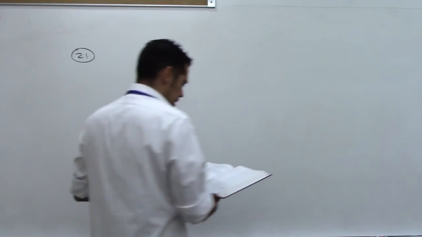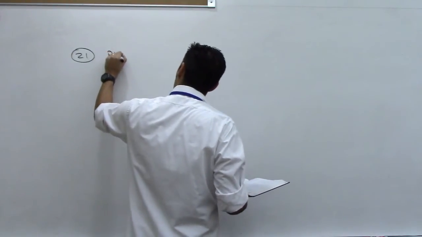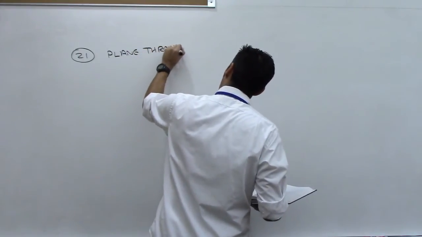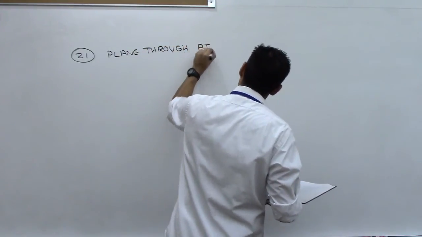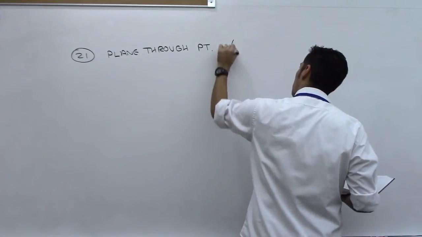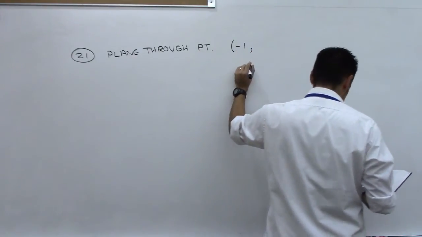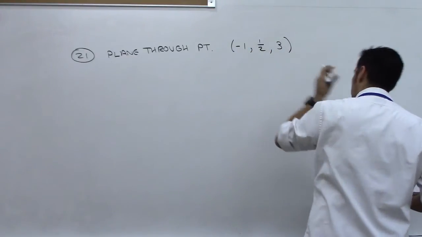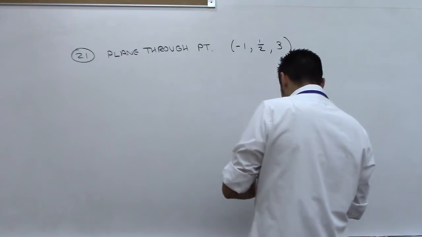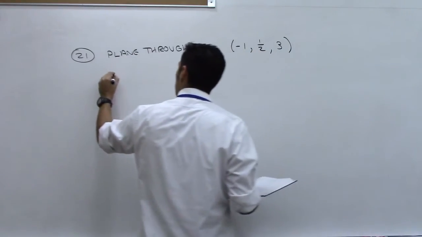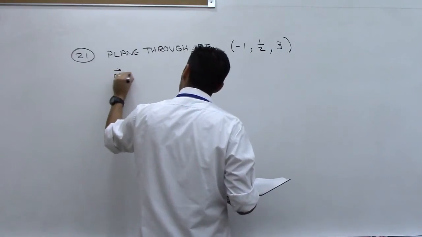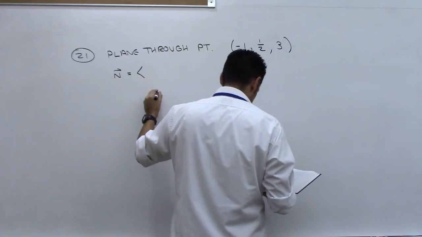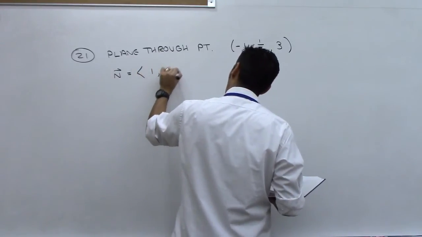So I have a plane that's through the point -1, 1/2, 3. And then the normal vector is given to me as i, 4j, k. So 1, 4, 1.